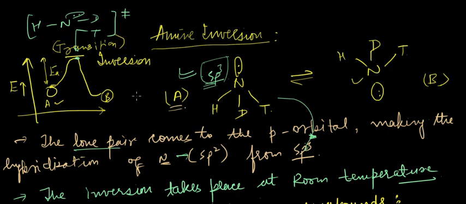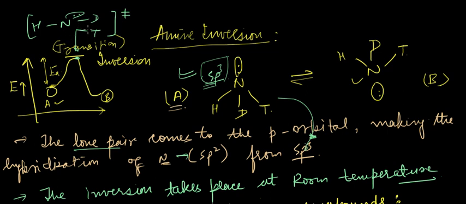The inversion requires some activation energy which is available at room temperature, and the transition happens wherein the lone pair of the nitrogen atom goes from s orbital to p orbital. Hence this intermediate is actually sp2 hybridized, wherein the lone pair resides in the p orbital rather than in the s orbital.